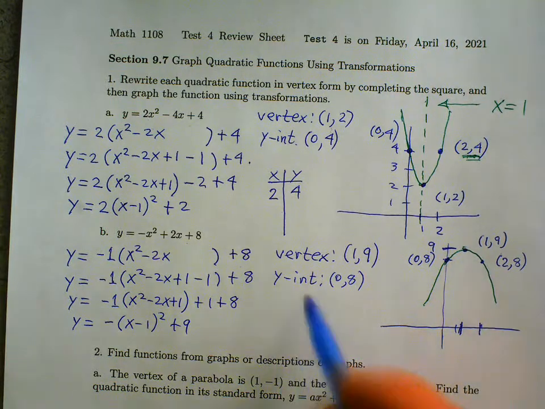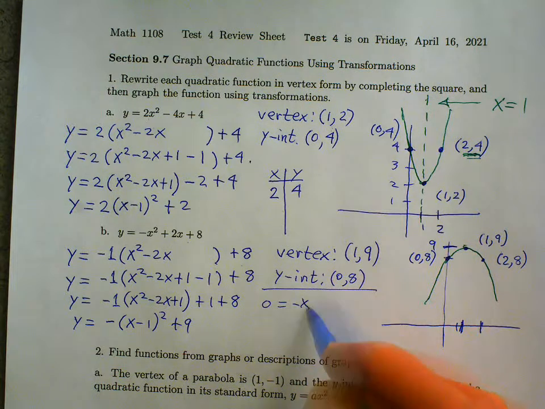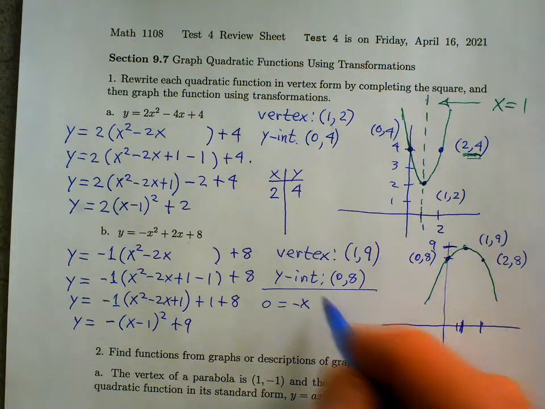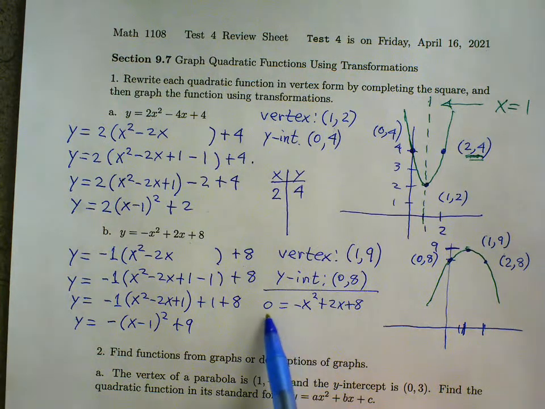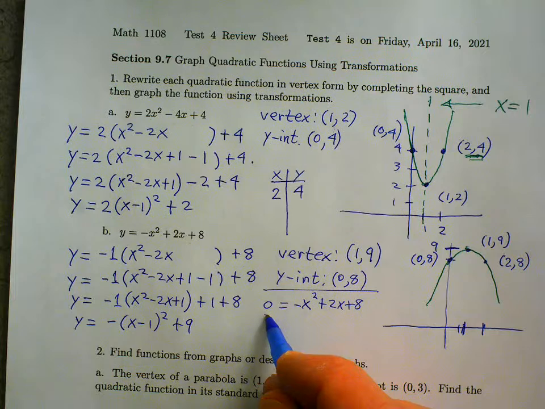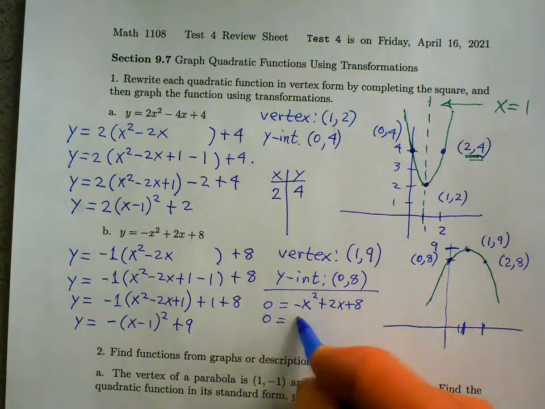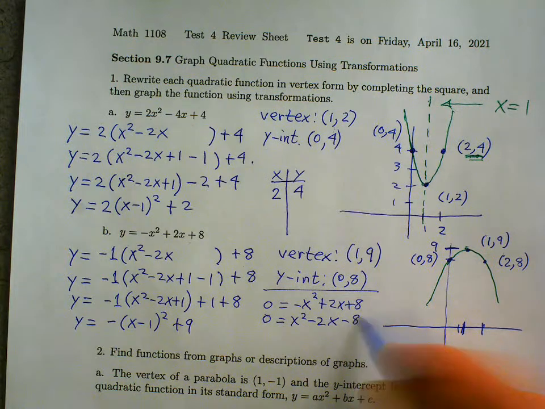Replace y with 0 and solve the equation. 0 equals negative x squared plus 2x plus 8. So if I were going to solve this, I would divide every term on both sides by -1. So divide both sides by -1, we get 0 equals x squared minus 2x minus 8.